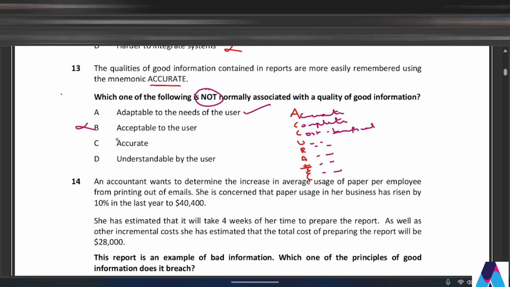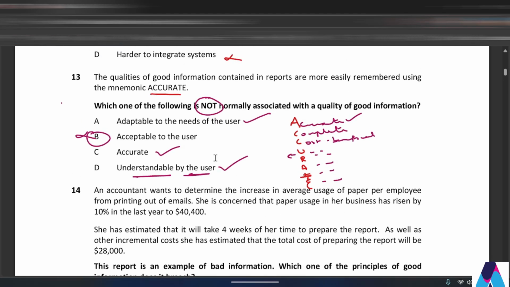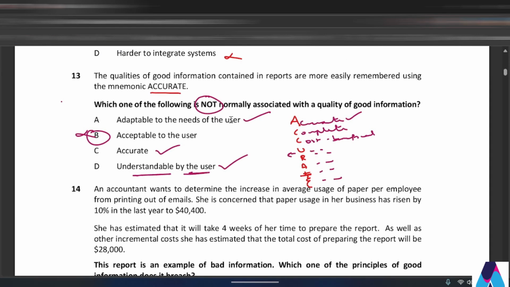So that is totally wrong. C, it should be accurate. Yes, A for accurate, right? And understandable. Yes, here basically the understandability, so understandable by the user. Yes, correct. Therefore the only answer we have is B, because they just ask us which one of the following is not normally associated with the quality of good information.